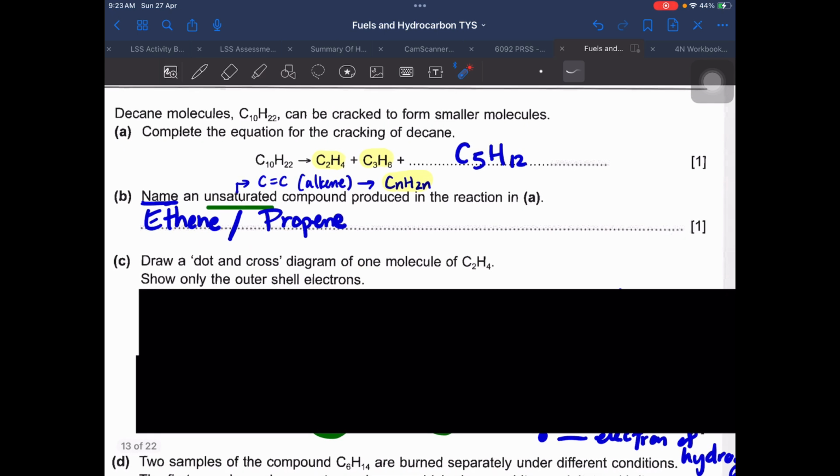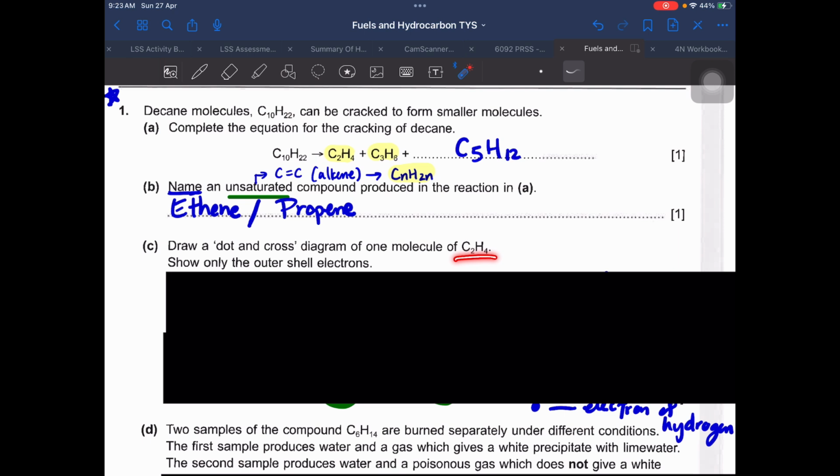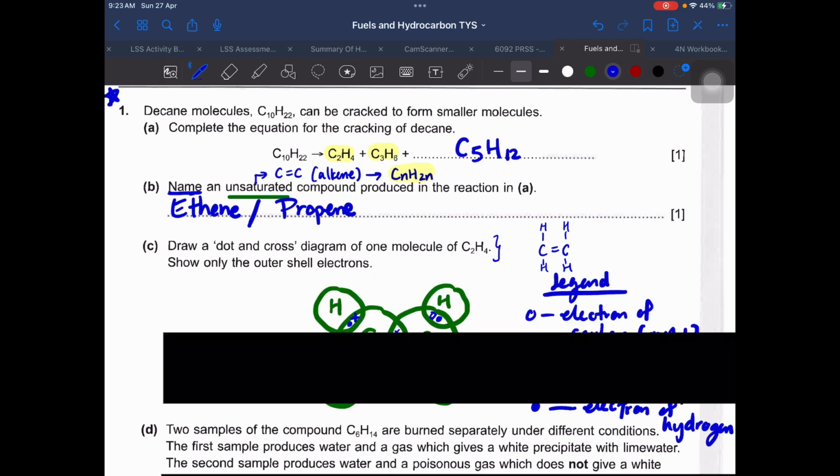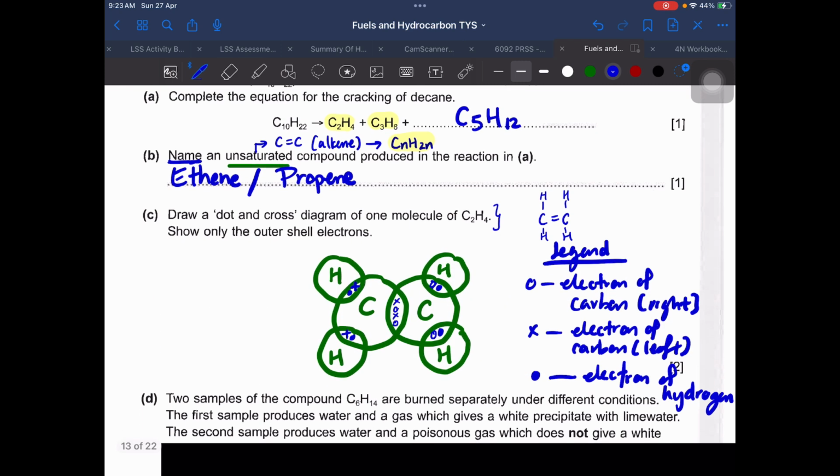Next question asks students to draw the structure of C2H4. Now this is a bit more challenging because C2H4, if you follow what I'm talking about just now, you know that it has a structure like this with a double bond. Now drawing a line across is going to be difficult, right? Let's take a look at how the drawing looks. So this is a drawing of C2H4.